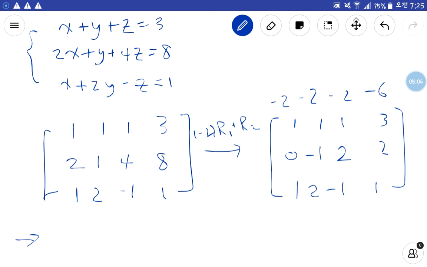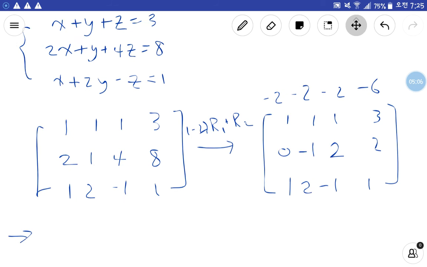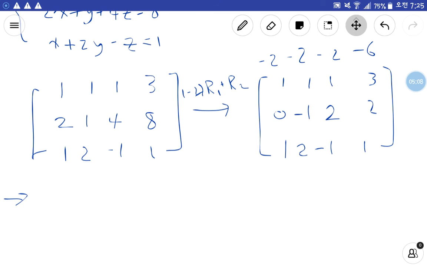Now how can I cancel my first number here? I don't need that, right? So you do negative R1 plus R3, and then I can cancel it out.